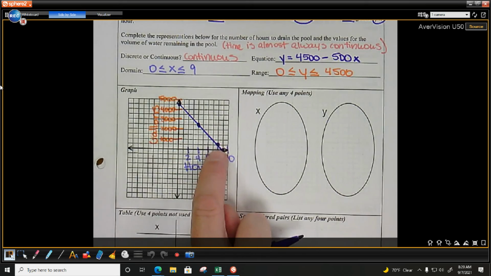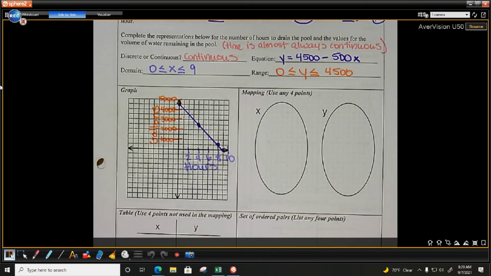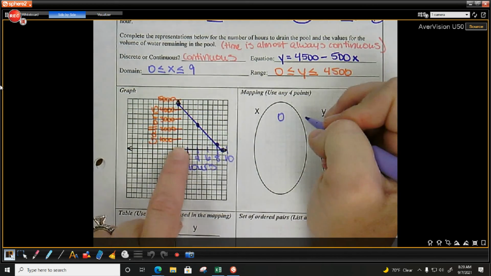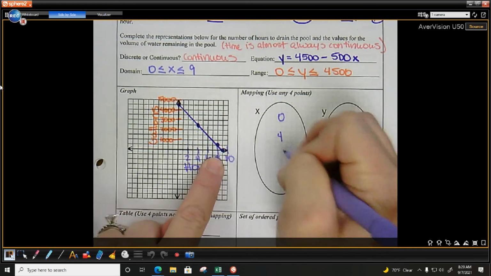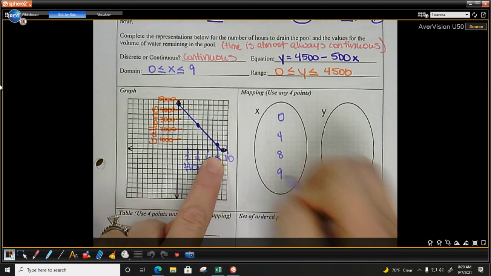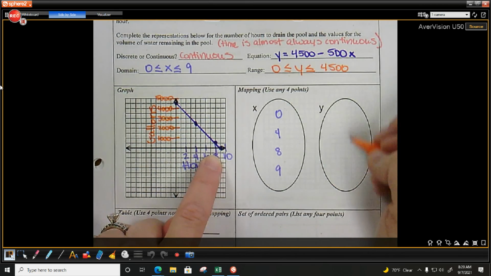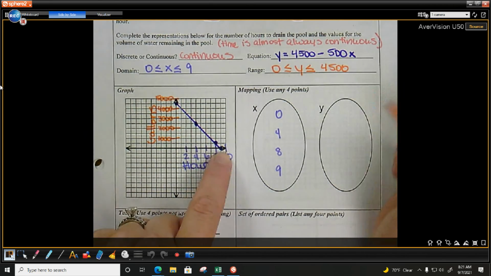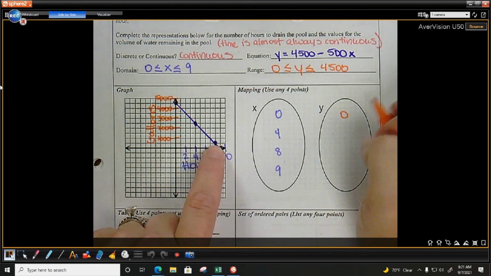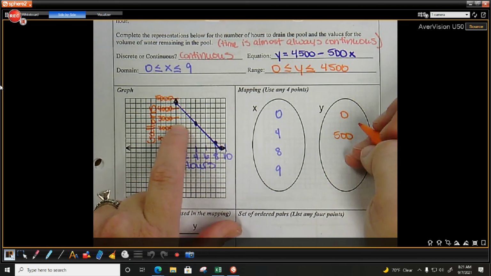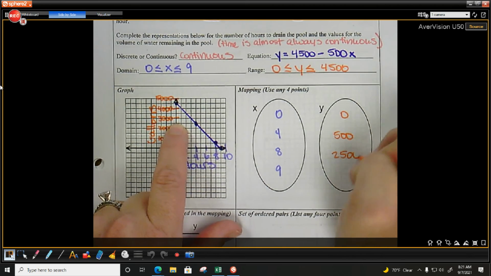Okay, so now we can do our mapping diagram. The x values we chose were 0 hours, 4 hours, 8 hours, and 9 hours. When we do our mapping diagram for our y values, you start with the smallest y value. What's the smallest? 0, then 500, then 2,500, then 4,500.